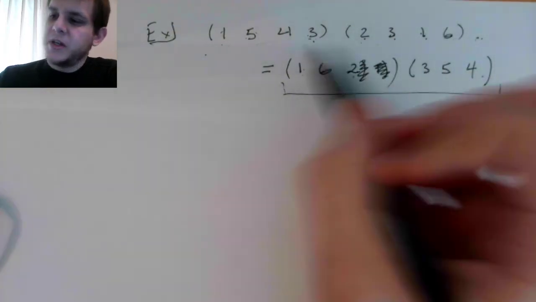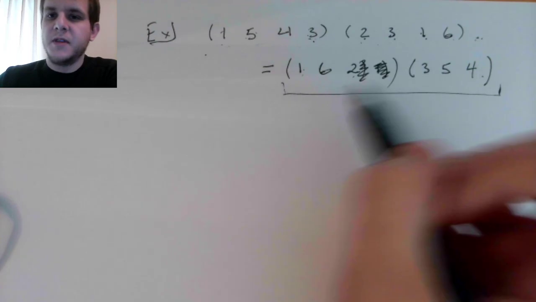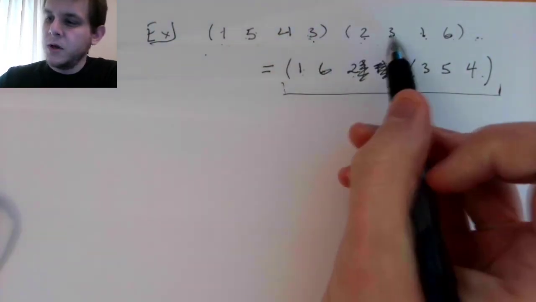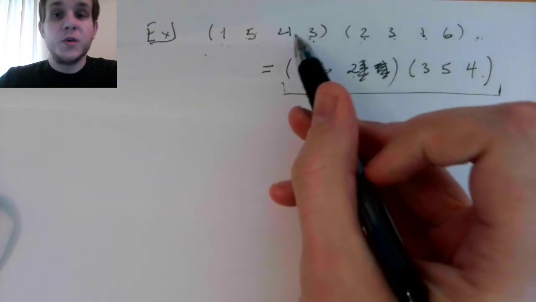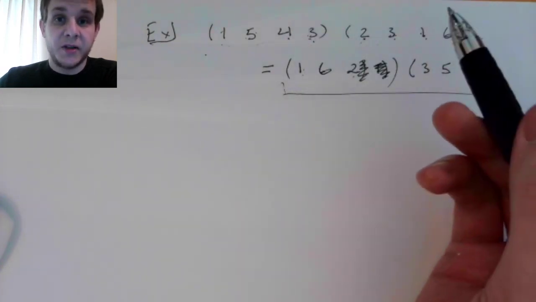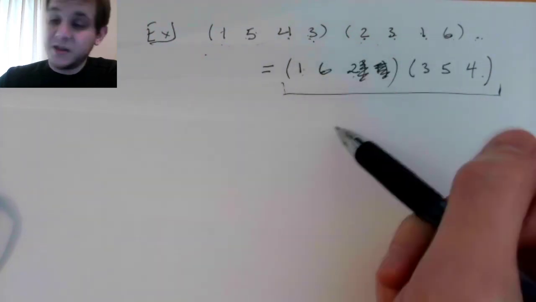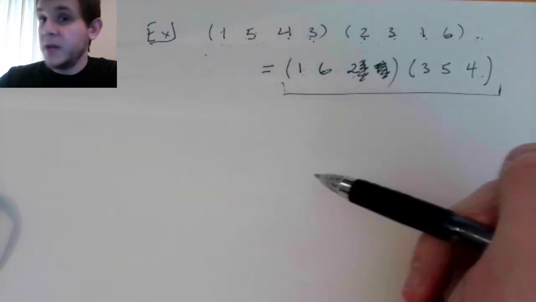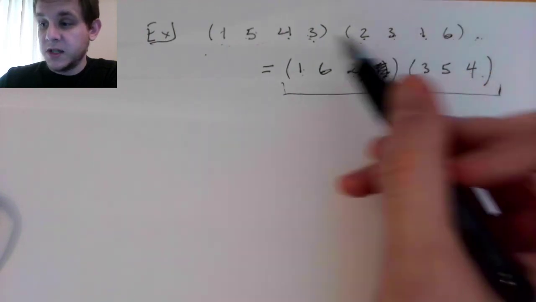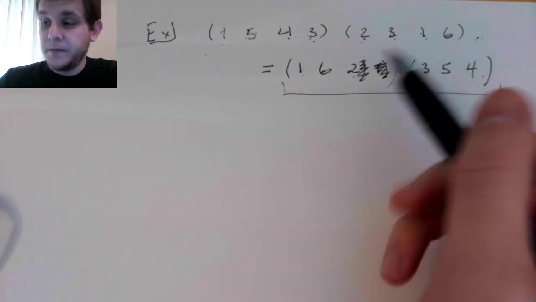So this shows that the lengths of the products can change quite drastically, right? Here I took the product of two cycles of length 4. These ones are not disjoint, so they don't necessarily commute. And it's interesting to compute what happens if I compute the opposite product, 2, 3, 1, 6 times 1, 5, 4, 3.